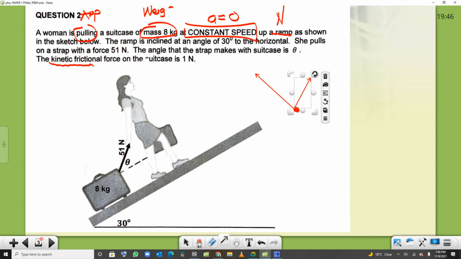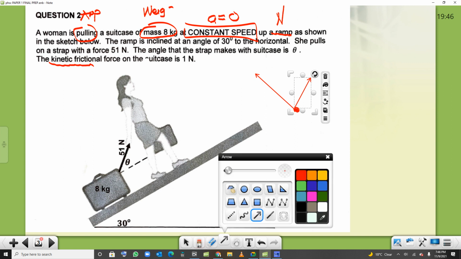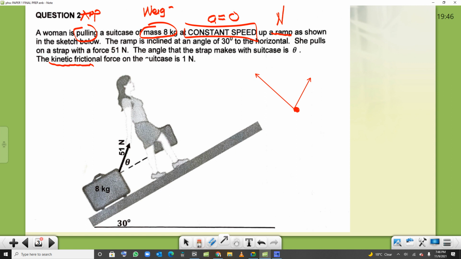Some of you have already lost 1 mark, because you have crammed things in your head. Please. The questions will not be the same. What is that? Gravity. How is the object moving? Upwards. So friction should be acting down the plane. Opposite.